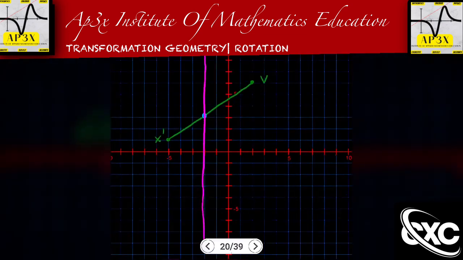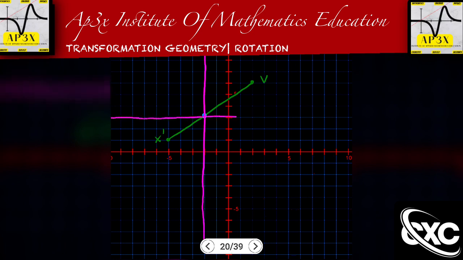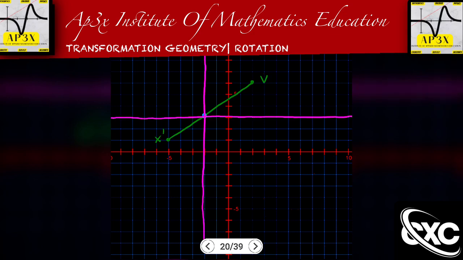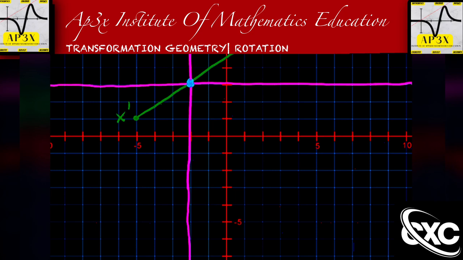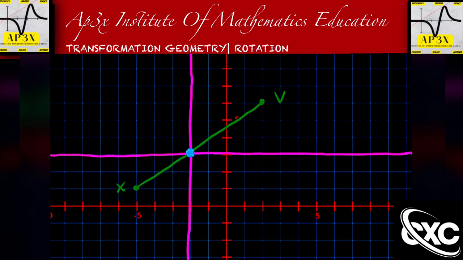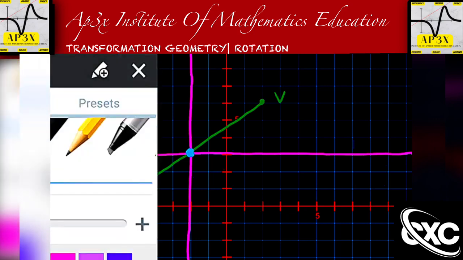And then it's going to also represent here my new x-axis. This position here that I've labeled here in blue represents my new origin. Now, of course, x and y cannot have the same coordinate values.